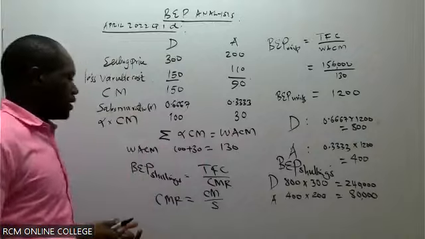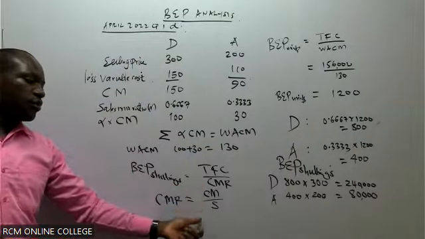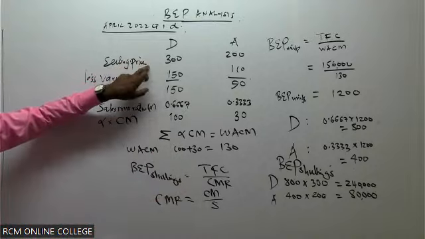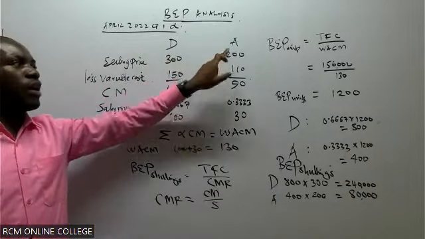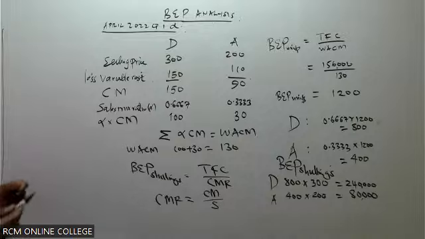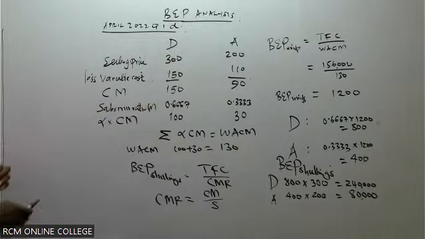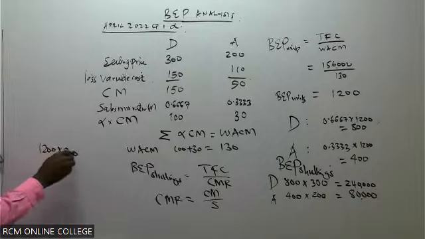Another thing, why is it now that we are not going to use this formula? The reason why you're not going to use this formula for multiple products, look at what we have here, the selling price. For product D, we have 300. For product A, we have 200. So we cannot say that because our break-even point in units is 1200, so we take 1200 and then multiply by 300. Is it?